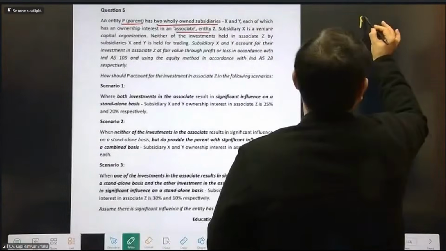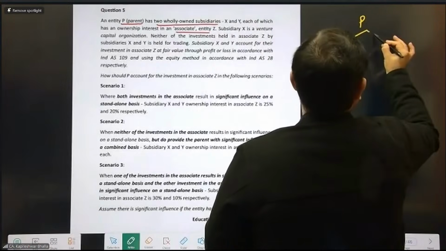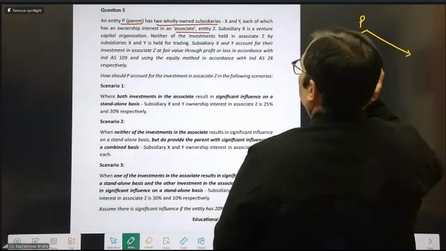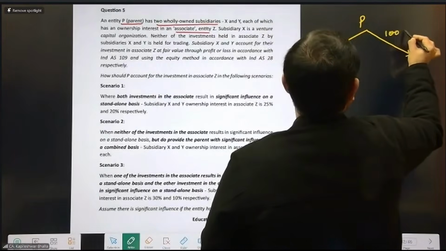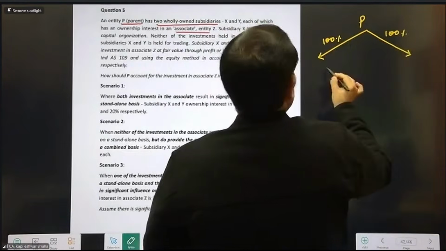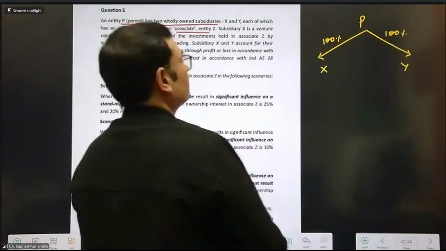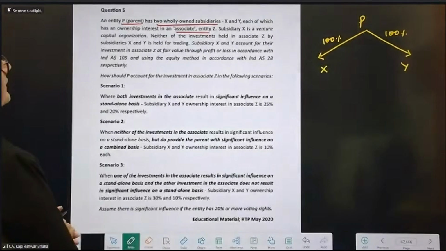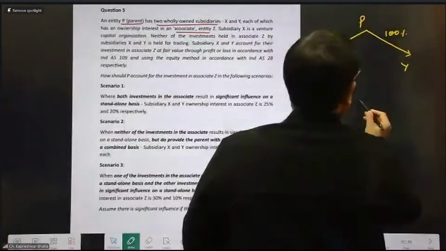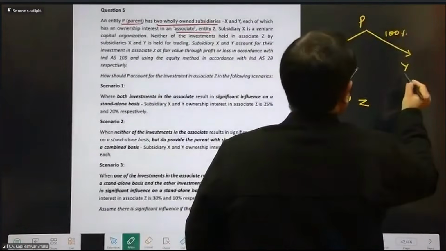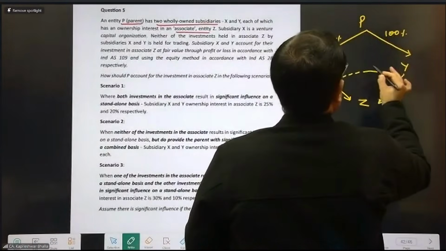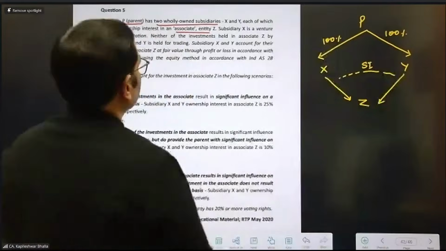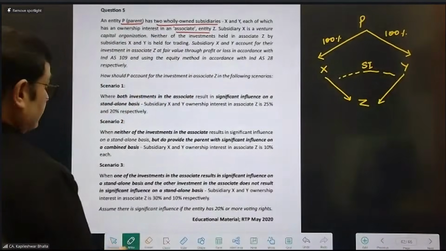There is a company P, and it has 100% stake in X and Y. Then it says each of them has ownership interest in Z. So this makes, you can say, a significant influence.